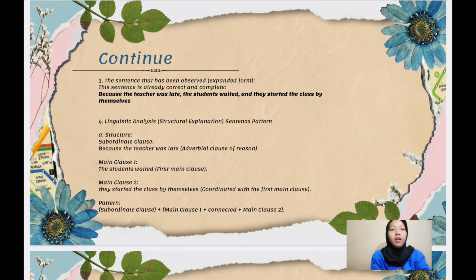In linguistic terms, the structure looks like this: dependent clause: because the teacher was late. Main clause 1: the students waited. And main clause 2: they started the class by themselves. This pattern clearly shows subordination and coordination, which are key features of compound complex sentences.